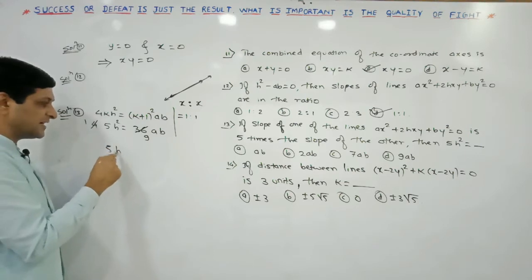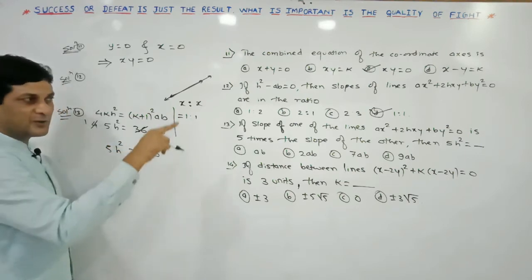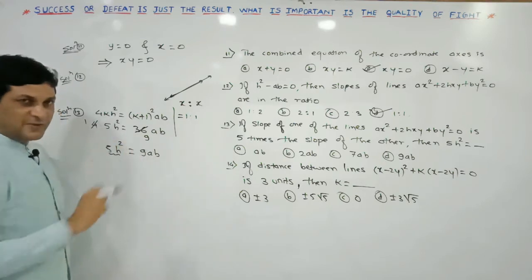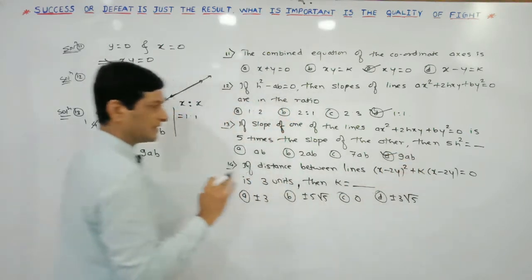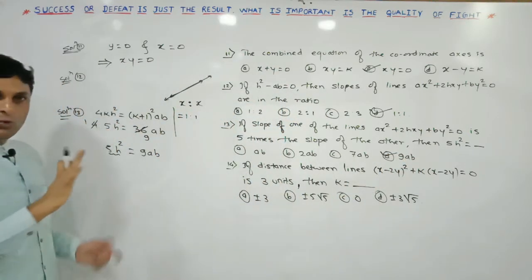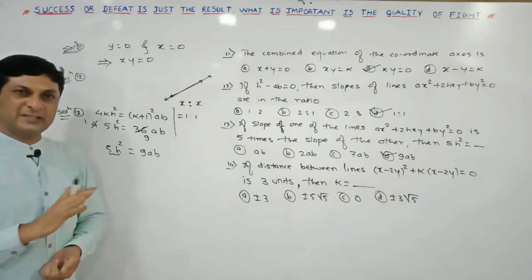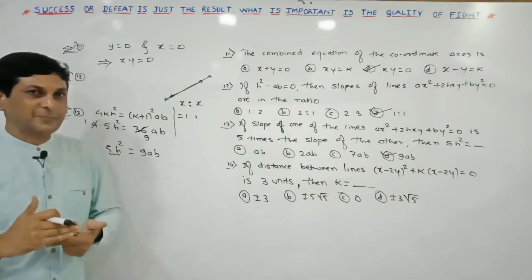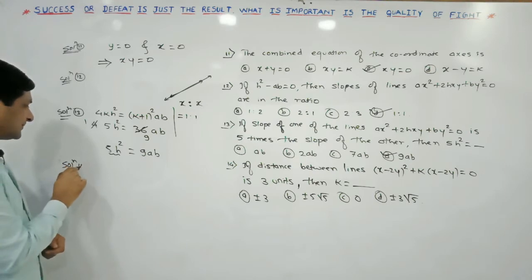The remaining term on this side is 5h² and on this side what we get? 9ab. And the question is also to find the value of 5h². So what value of 5h² have we got here? 9ab. This shortcut method is applicable only to solve objective type questions. Don't apply this method while solving the example by using the descriptive method.